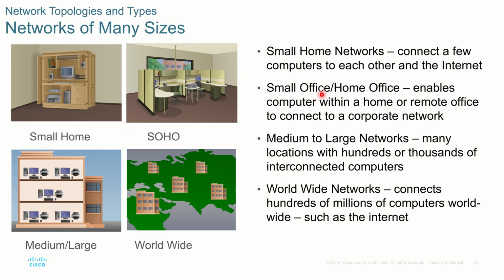The SOHO network enables computers within a home or remote office to connect to a corporate network. And then for the medium or large network, it represents networks where there will be hundreds or thousands of interconnected computers, and then we have the World Wide Web that connects hundreds of millions of computers across the internet.